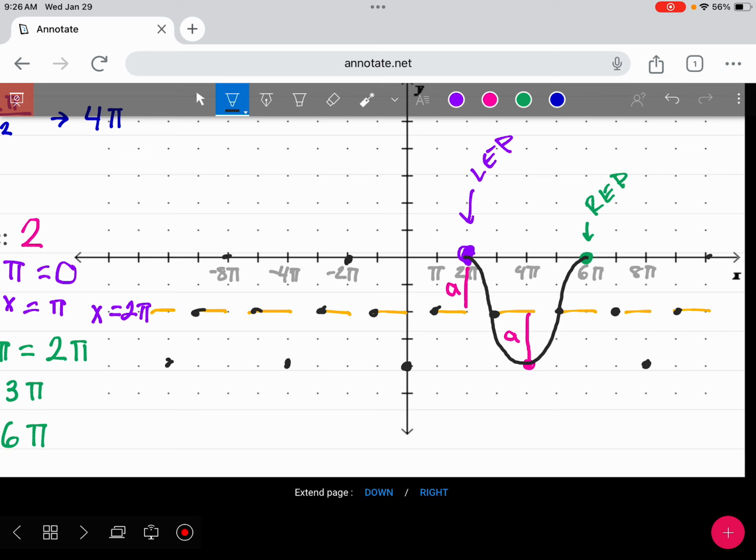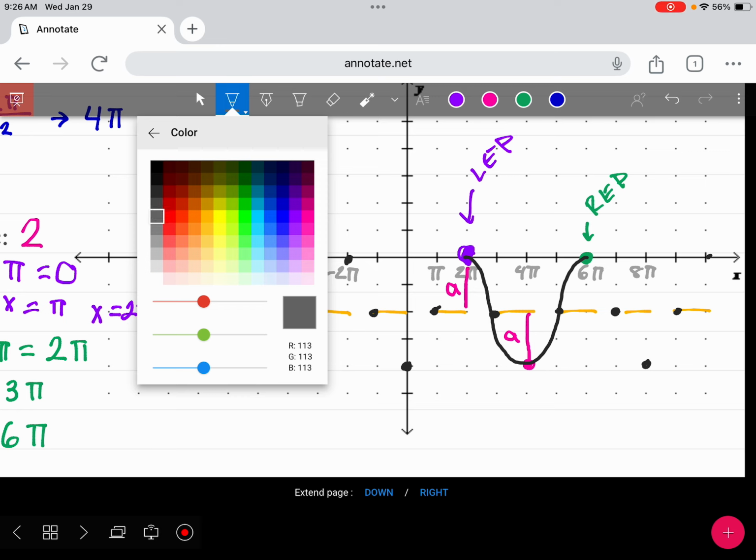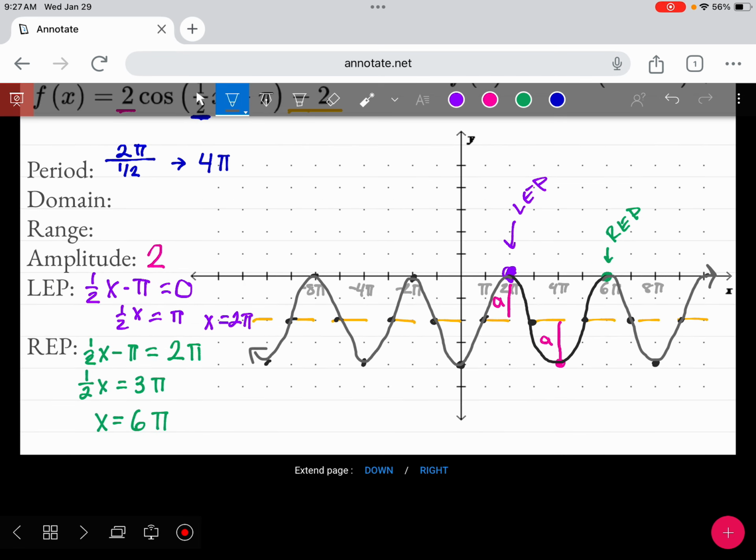It's just that our 0 isn't on our x-axis 0, it's on our midline. So the rest of our cycle is going to go like this. And it's just super tight with that weird scale because we had to count by pi's since it was so elongated.